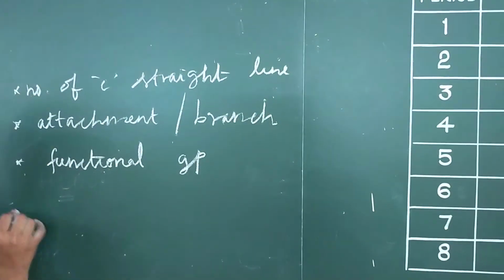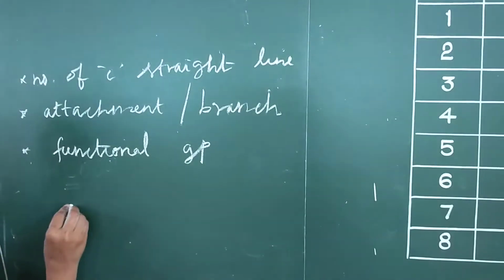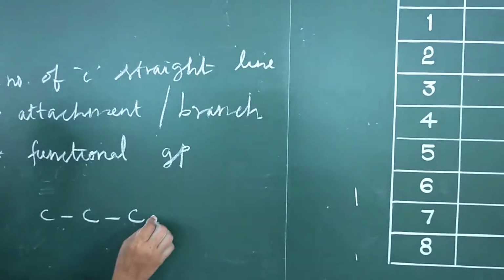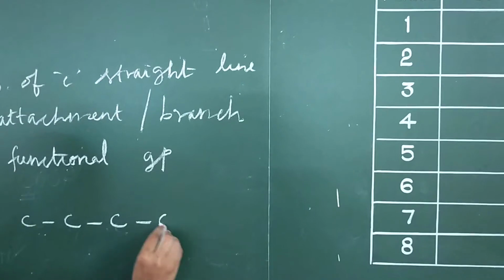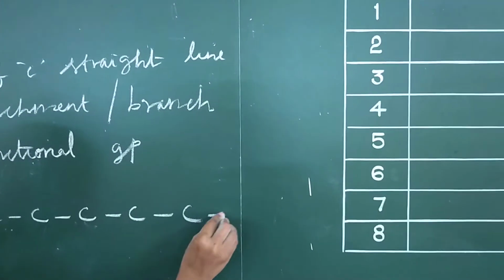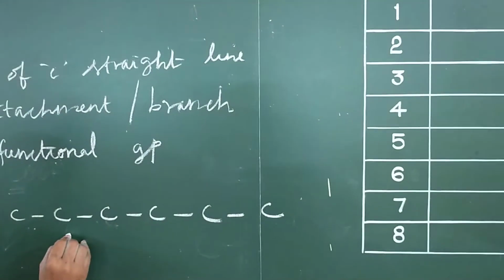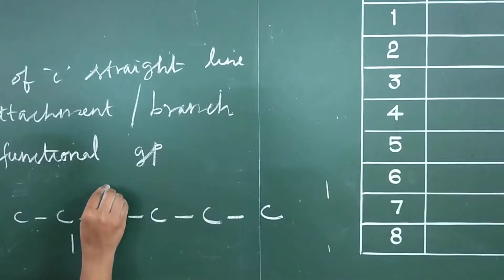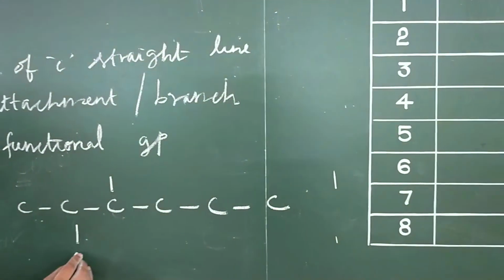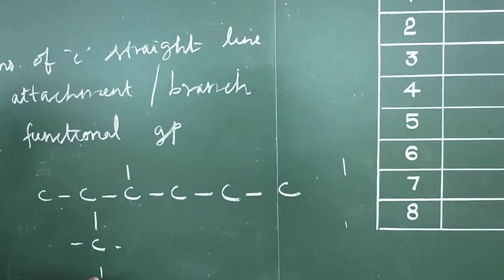Another example: a carbon that is a long chain of carbon. This also comes under the example of catenation. Look here, this is the structure.